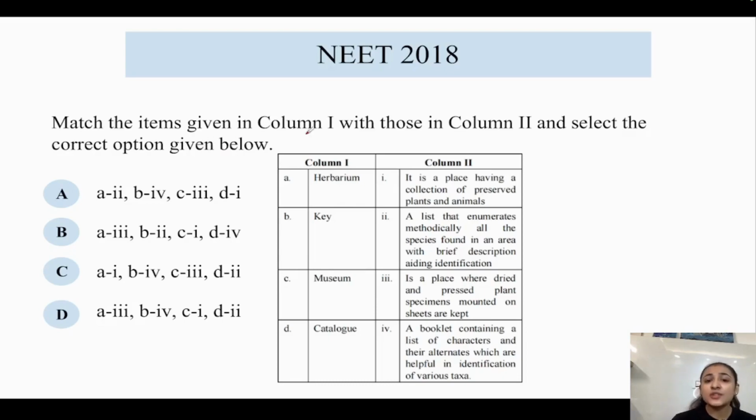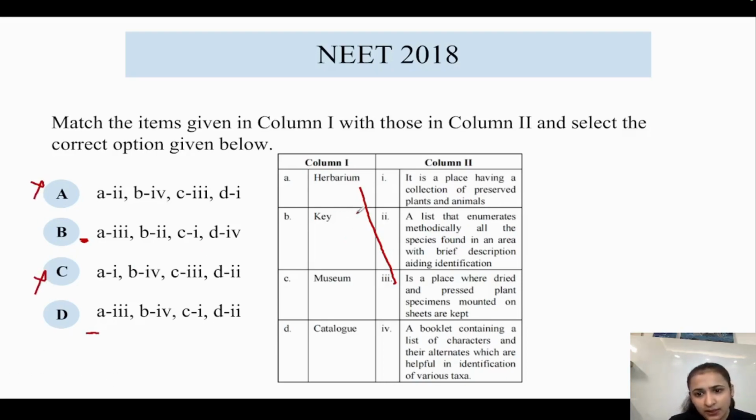Now match the items given in column 1 with those in column 2 and select the correct option given below. What is herbarium? Herbarium is a place where dried and pressed plant specimens are mounted on sheets and kept. So A is matching with 3, in option B and option D. So automatically option A and C are incorrect.